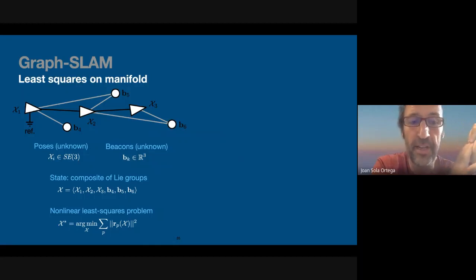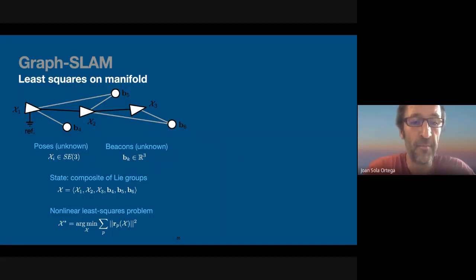And we use a state space which I call the composite of different Lie groups. So our state space is formed by X1, X2, X3, which are SE3 matrices, and B1, B4, B5, B6, which are 3D vectors. You cannot stack this in a vector because 3 of these elements are matrices. The other 3 are vectors.